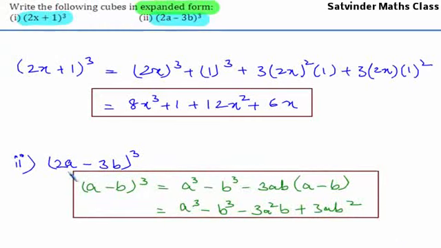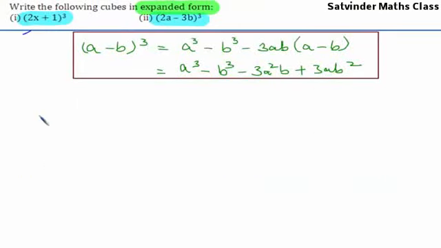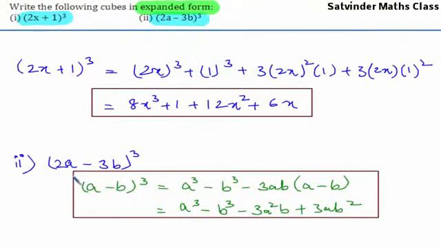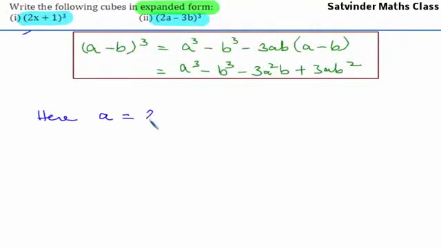Now comparing the given expansion (2a − 3b) whole cube with this, we have a is given as 2a and in place of b we have 3b. Now let us expand (2a − 3b) whole cube using this identity.